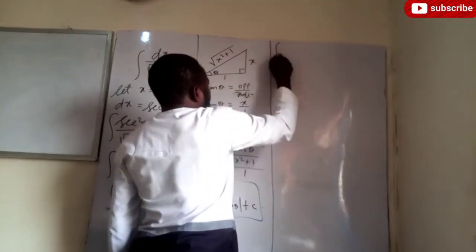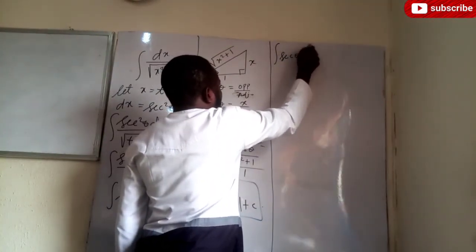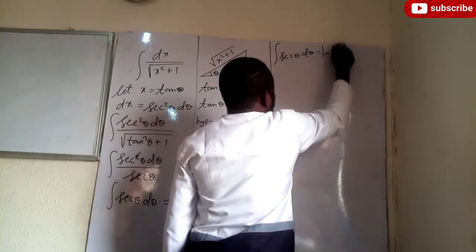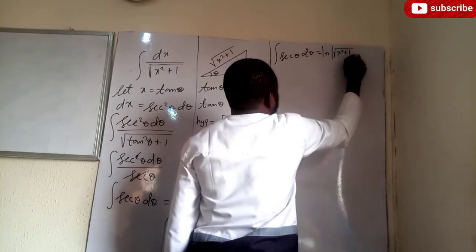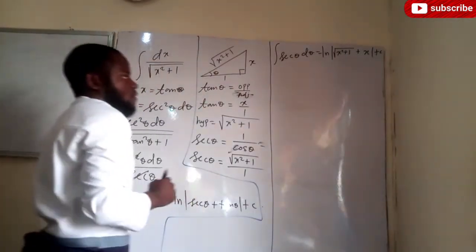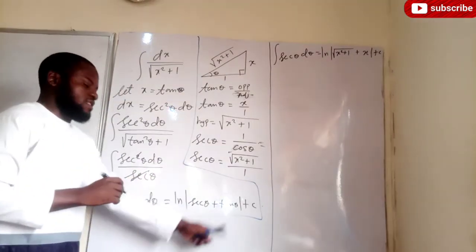So we have that the integral of sec theta d theta equals ln of the square root of x squared plus 1, plus x, plus c. So that's our answer in terms of x.